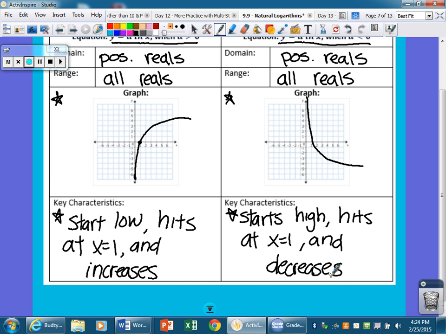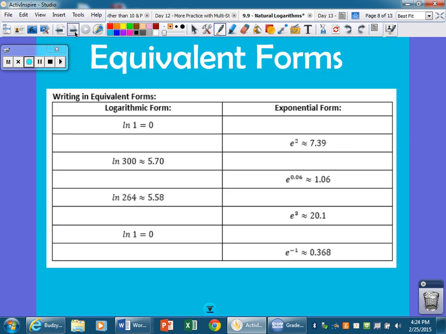So again, any other questions about that? Now we're going to go into purely the algebra form. Again, with logs, we really are just changing from form to form. We're going to change from logarithmic form to exponential, and we're only going to use natural logs. See how there's all these ln's and then the e's, because that means we're only dealing with natural logs.